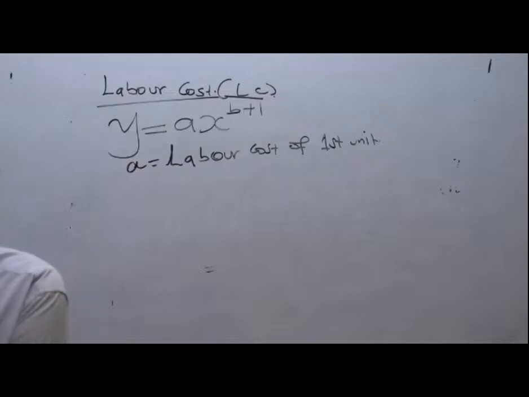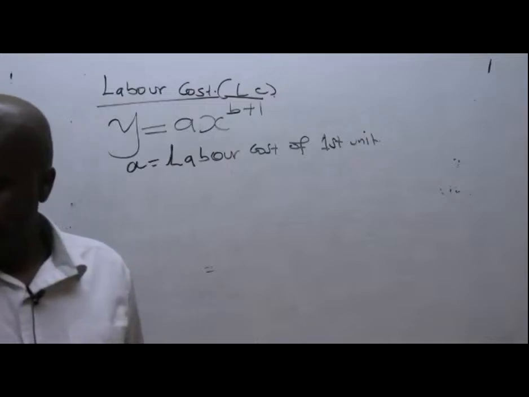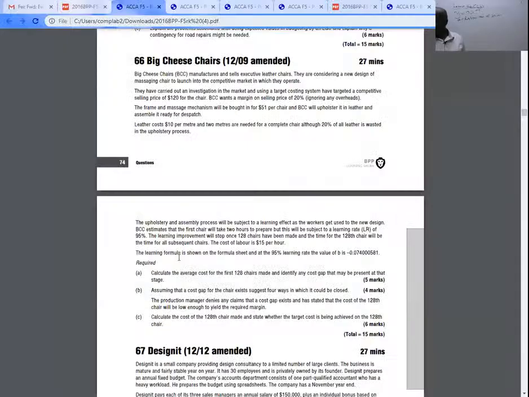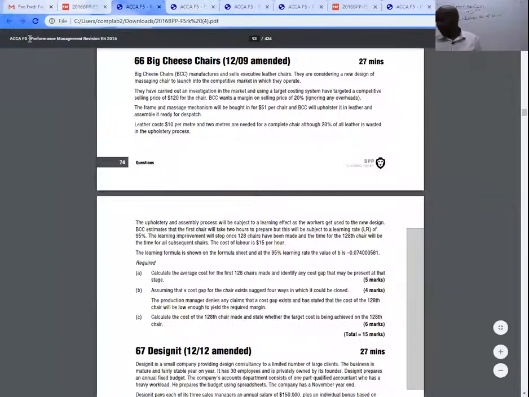What have they told us? They've told us here for the first unit, BCC estimates that the first chair will take 2 hours to prepare. So labor hours, 2 hours.